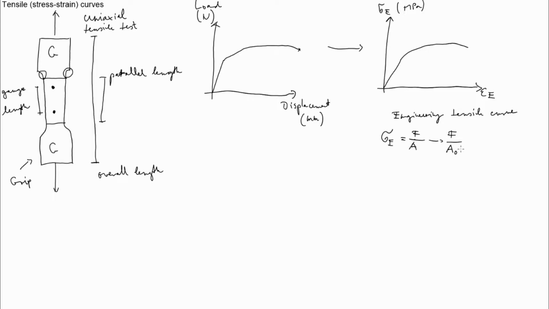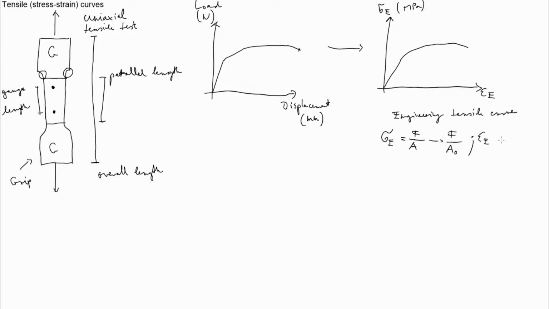If you have a cylindrical shaped specimen, then you use the area of the circle, or the area of your cylinder. So basically you just calculate it from the diameter. So this is what you get as an engineering stress, and then you can obtain the engineering strain as well.